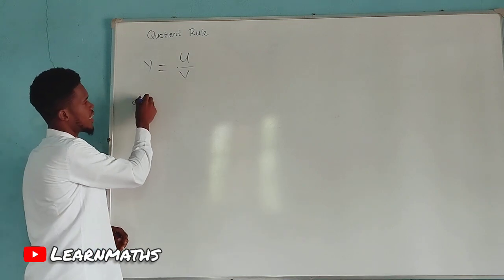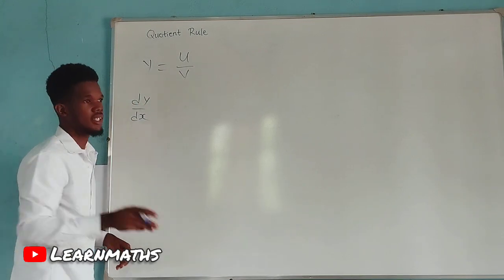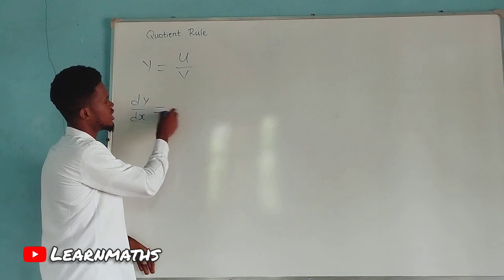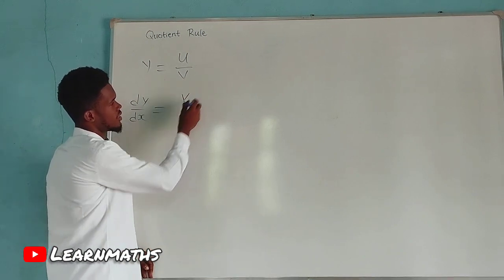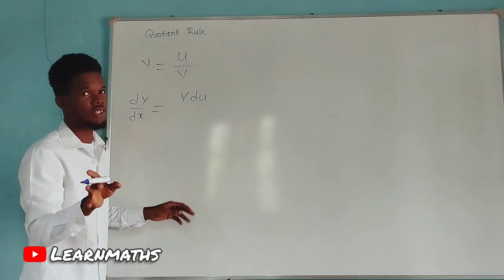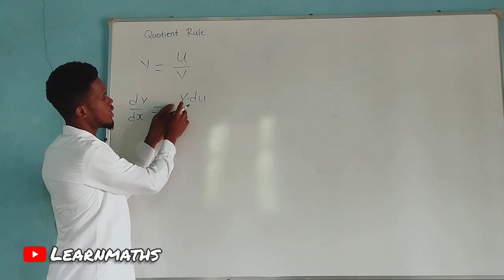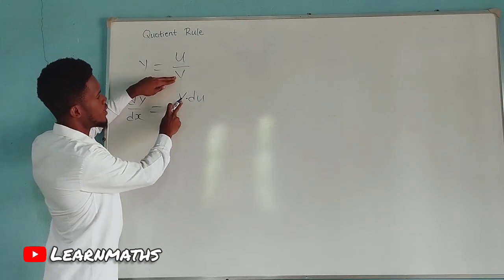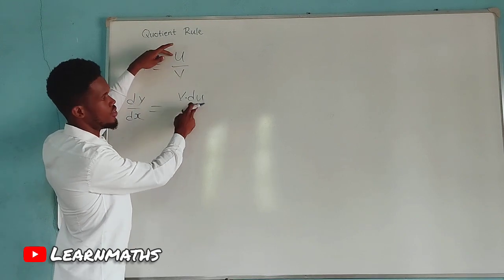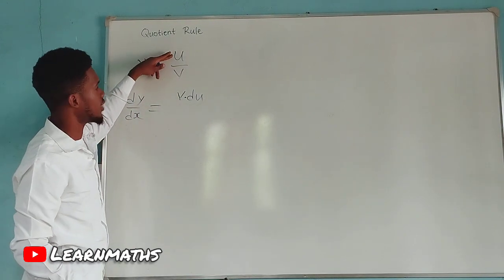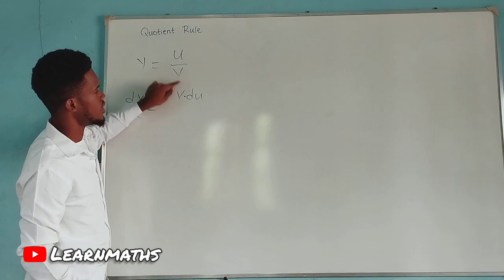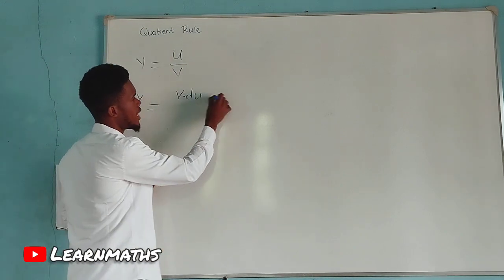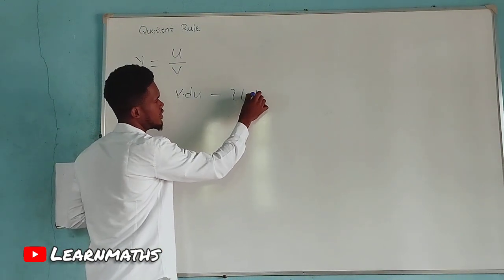Now this is what the quotient rule looks like. The differential, that's dy/dx, of this function is equal to v du. You know what v du means. We multiply v, that's the denominator, with the differential of u, that's the numerator, minus u dv.